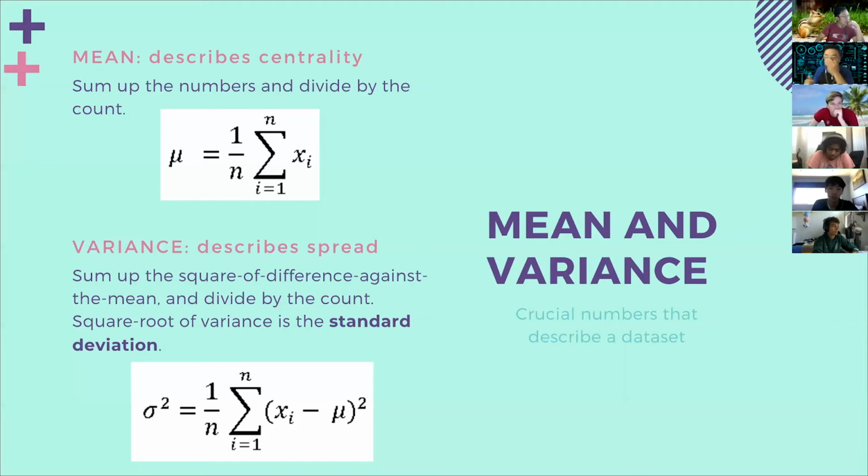So if the dots are all close together, then the mu is close to every other sample, right? And that means the variance is small because the difference between them is small. The square is also small, right? You divide it by the same m, doesn't matter, the variance is small.